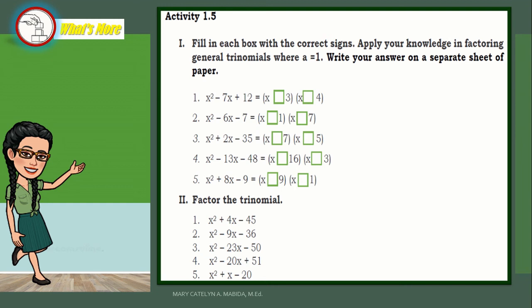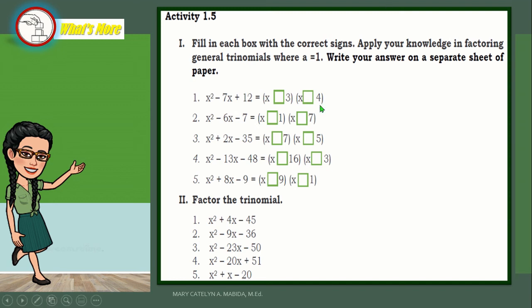Write your answer on a separate sheet of paper. So, in this activity, you will get another sheet of paper. Remember what you should have? Your pen and paper? Okay, so number 1, x squared minus 7x plus 12 is equal to?